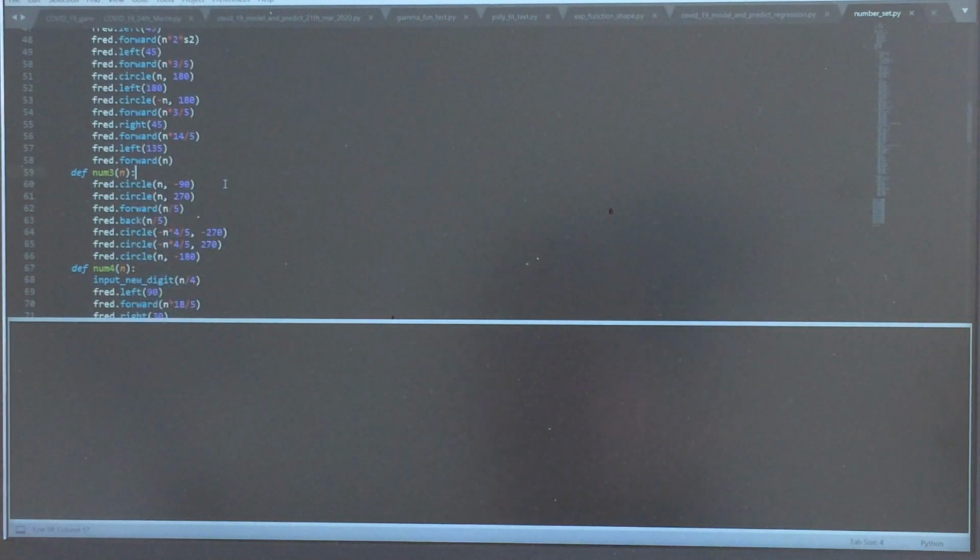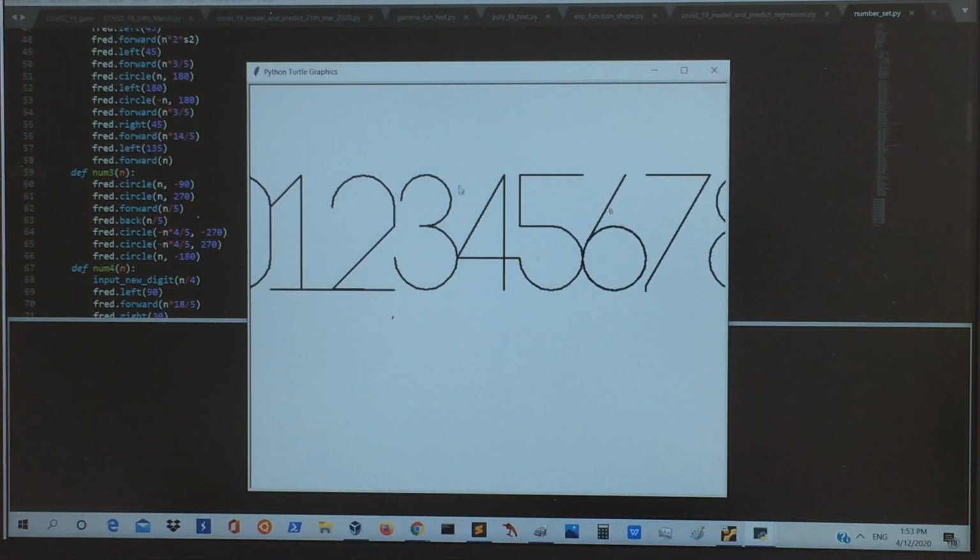Number 3, thread.circle and comma 90 minus 90. Because the number 3 is just made up of arcs of different sizes. This is an arc of 270 degrees. The turtle starts from here. It goes back. It does a reversal.